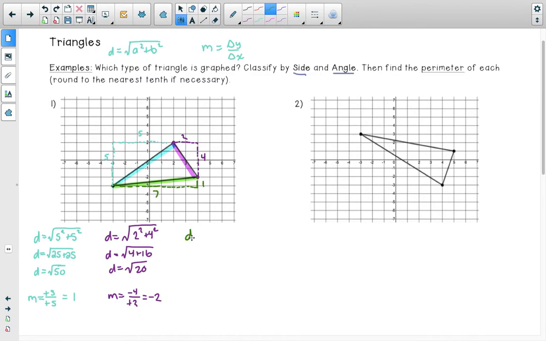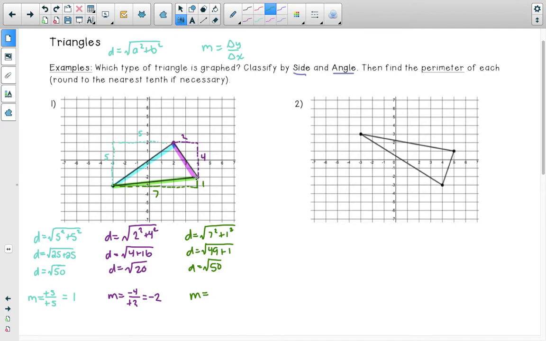So the distance is equal to the square root of 7 squared plus 1 squared. 7 squared is 49, 1 squared is 1, so the distance is equal to the square root of 50. Now, this one is in fact equal to the distance of the blue. So that's helpful.